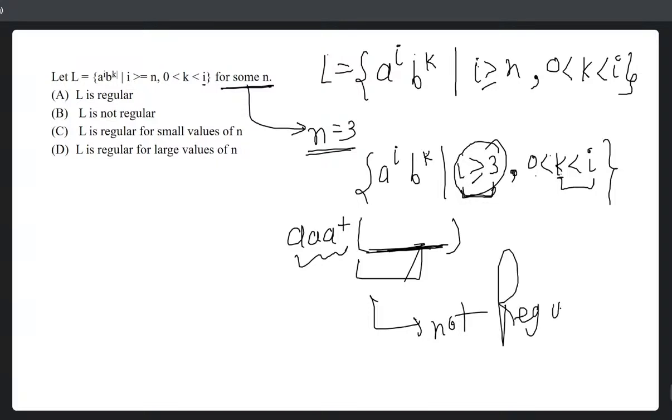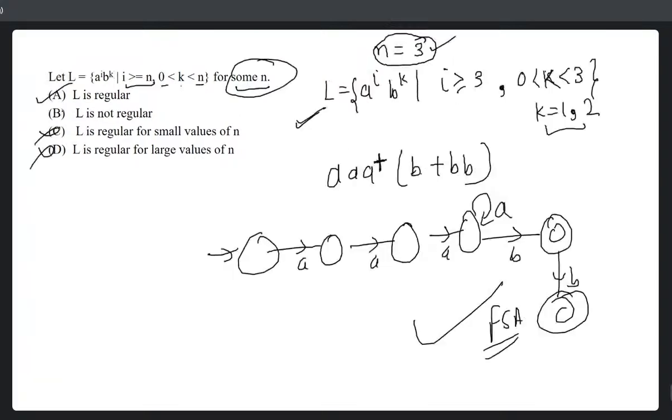Is it clear, Avik? So this is not regular. So is the difference between this question and the previous question clear or not? Because here the number of a and b are not dependent. Both a and b depend on the value of n, and here according to the value of n it becomes a constant, and it will be infinite.